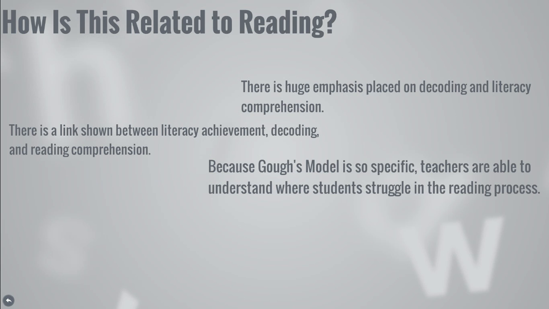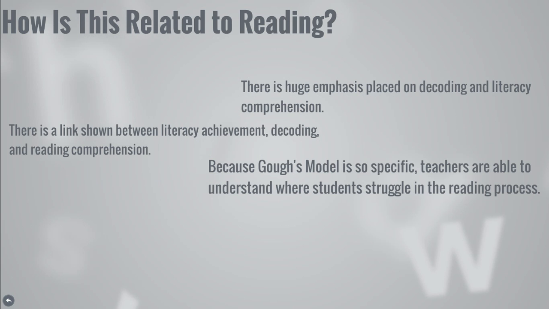So, how is this related to reading? Through Gough's model, there's a huge emphasis placed on decoding and literacy comprehension. They show the link between literacy achievement, decoding, and reading comprehension. They're all put together, and they showed that literacy achievement and decoding have a very good relationship with reading comprehension.